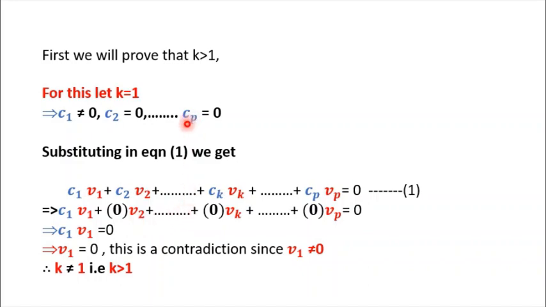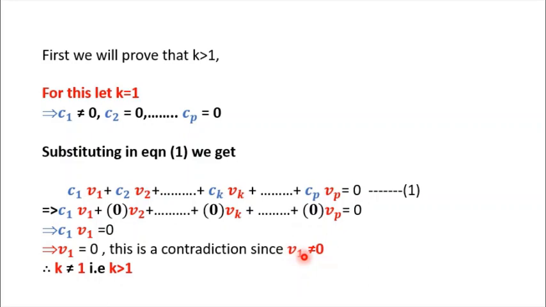Again we see what ck is. ck is also 0. 0 into vk plus and so on plus 0 into vp is equal to 0. Which implies c1 v1 is equal to 0, which implies v1 must be 0. Why? Because you supposed that c1 is not equal to 0. But this is a contradiction.